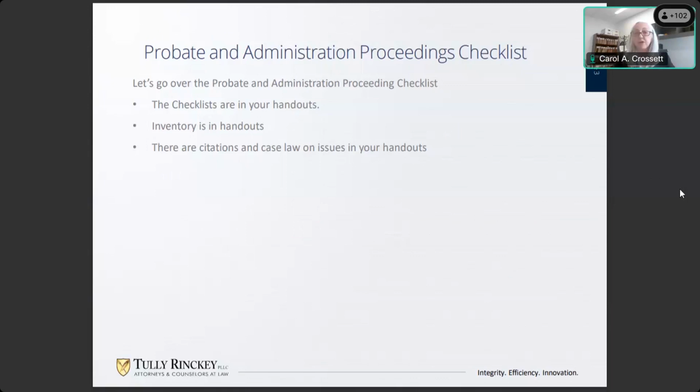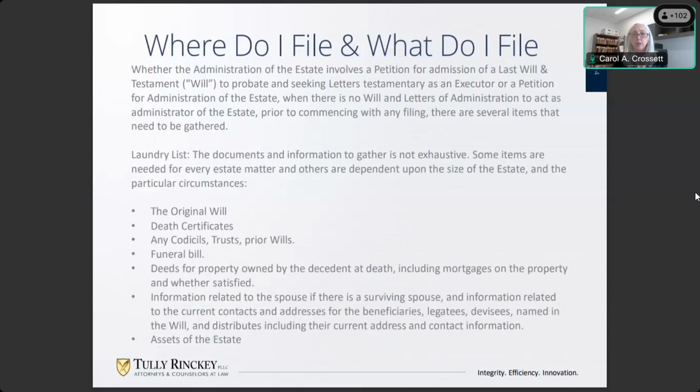Also, if there's any codicil or prior will, that also needs to be gathered as well. And if the death certificate shows a different name, there also might be an affidavit of heirship in the event that the decedent was not survived by a distributee or only one distributee.